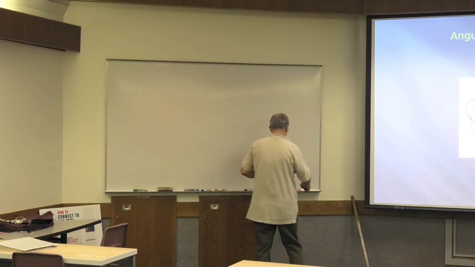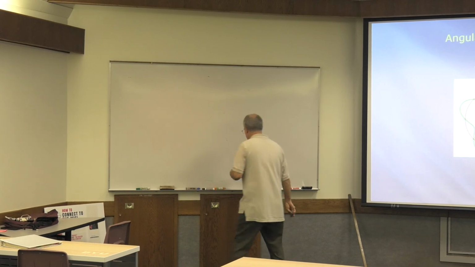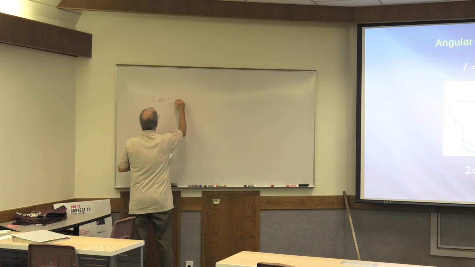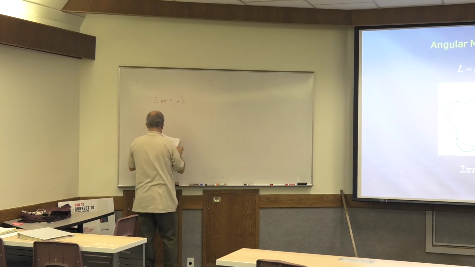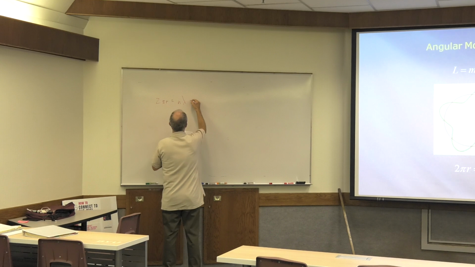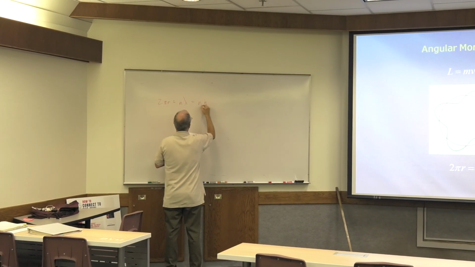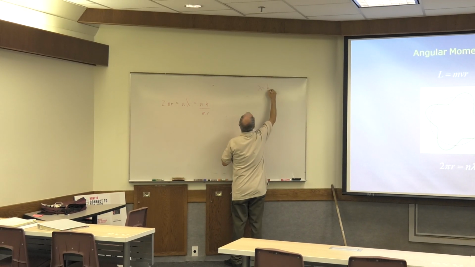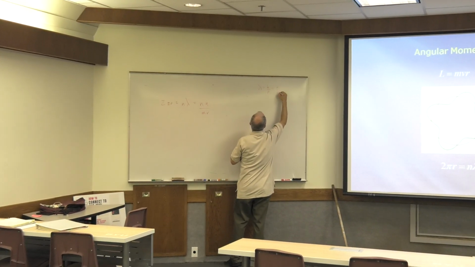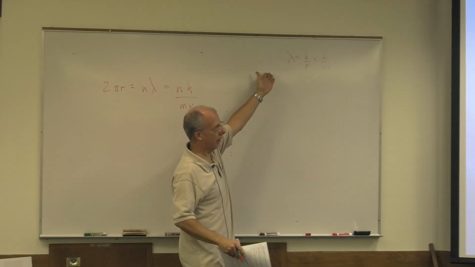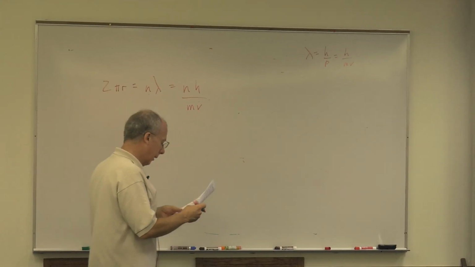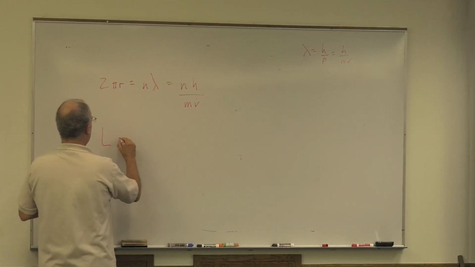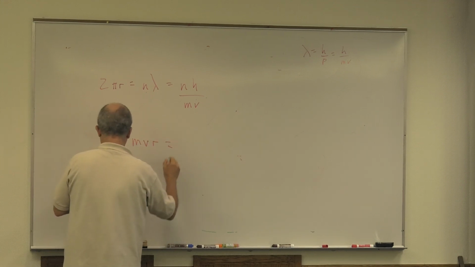So let's figure this out. Earlier we had 2 pi r equals n lambda. And of course that's equal to n h over mv, because the de Broglie lambda equals h over p, which is h over mv. We use that all the time, by the way, in quantum mechanics, so it's worthwhile learning. Now we want L equals mvr.